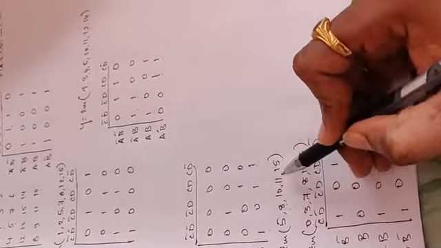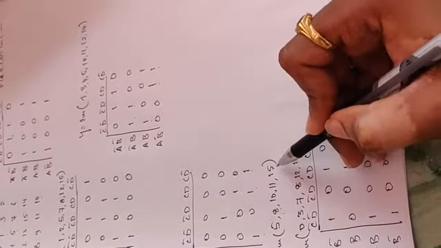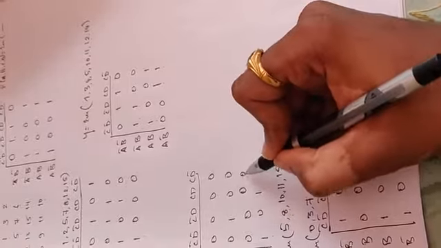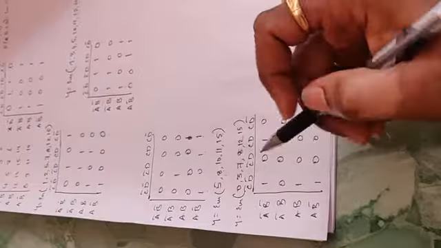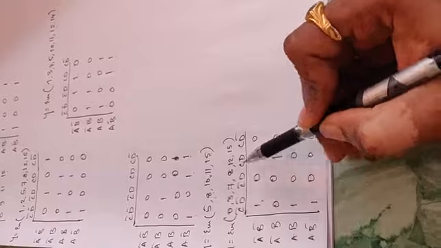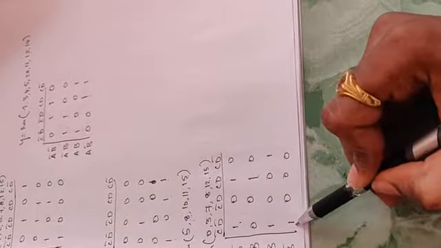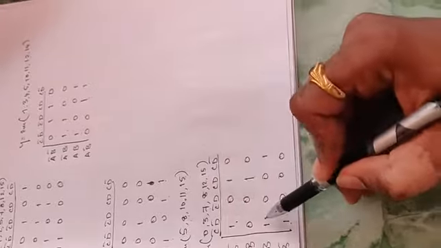Here it is. 11, here. 15, this is 15, right? Then the last ones: 0, 3, 7, 8, 12, 15. This is just filling the K-map.